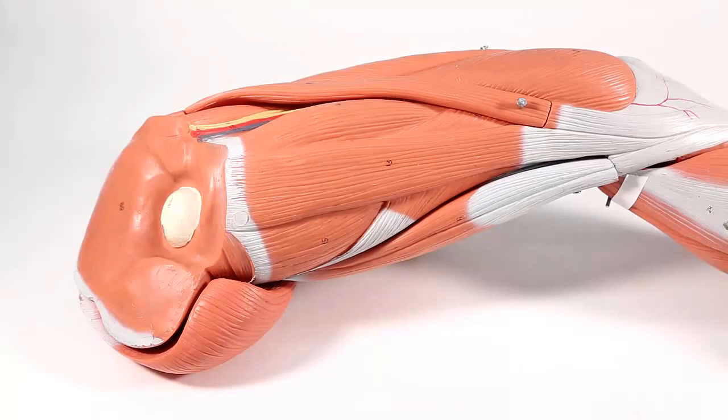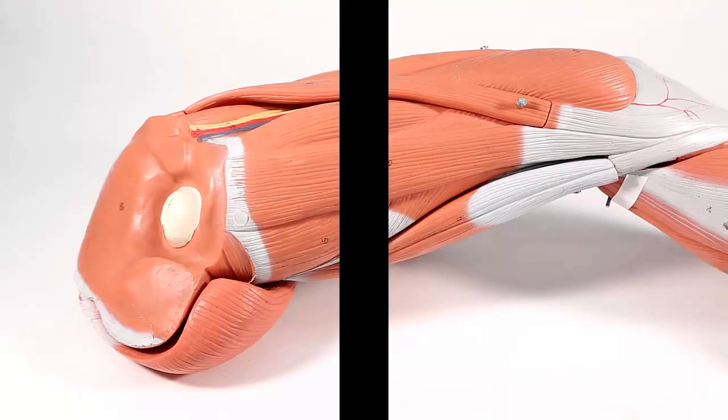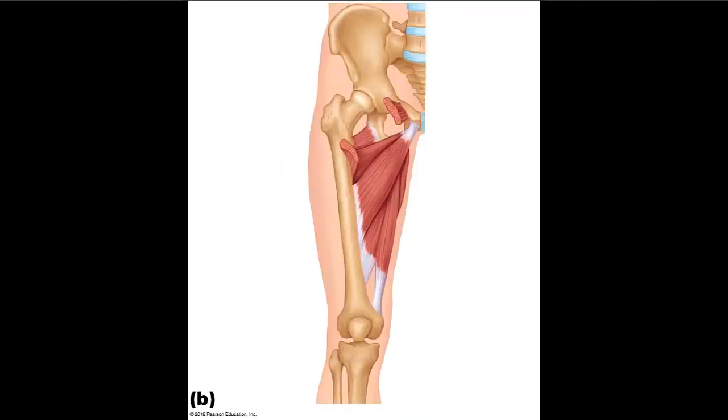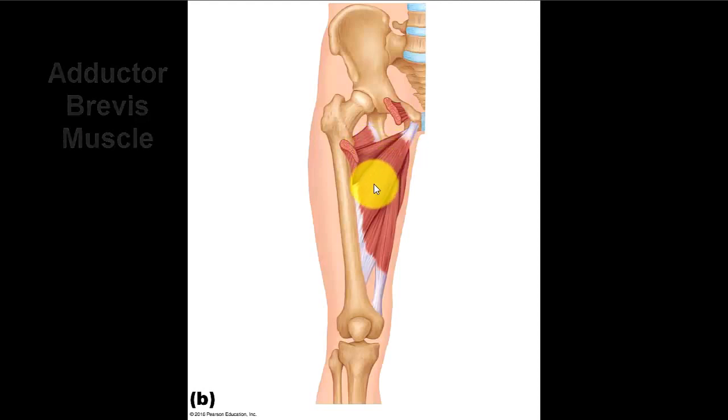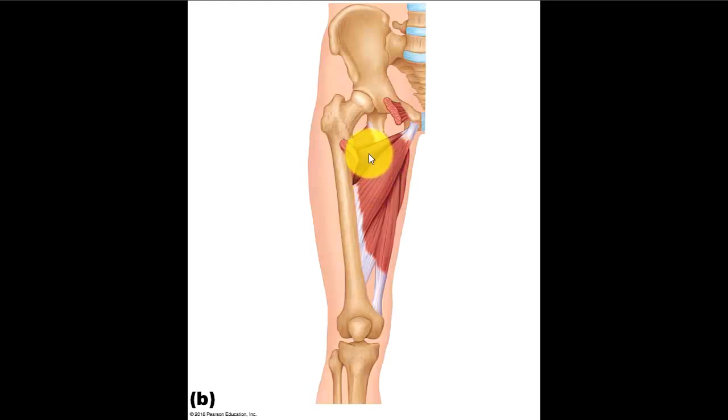The next one in the grouping is the adductor brevis, which you really can't see in the model because it's deep in here. Switching into a diagram view, we can now see the adductor brevis right here. For orientation, this muscle is the adductor longus. Here's our adductor brevis. Now the adductor brevis has an origin of the inferior pubic ramus and the body of the pubic ramus.